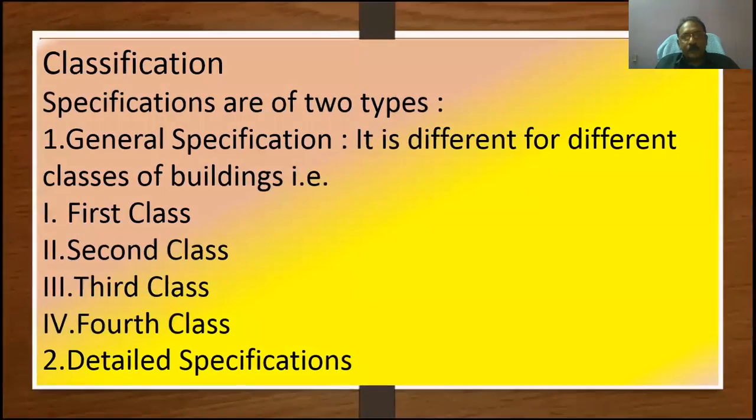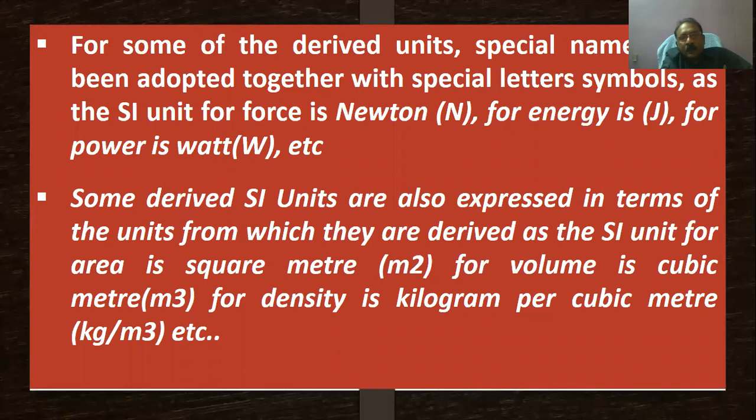Some of the derived units specially adopted in the SI system. What is SI? International Standard SI system. What is the force unit? Newton or kilonewton. For energy, joule. For power, watt.